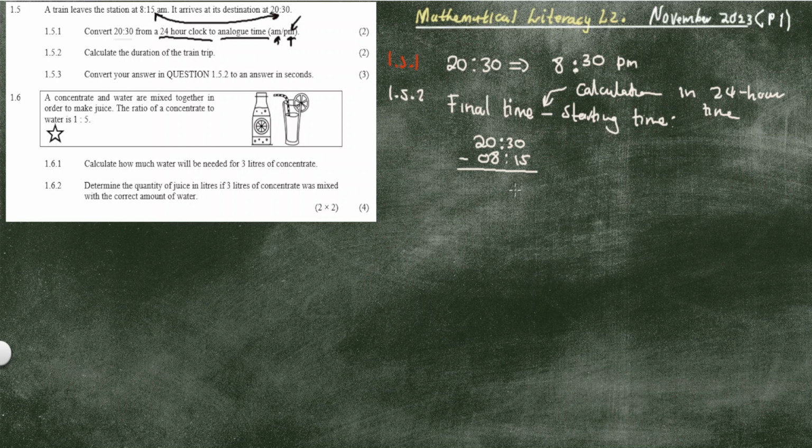Now taking the difference between the two values, this is a time-lapse question. Taking the difference, what is 20 minus 8? That's 12. 30 minus 15, that's 15.